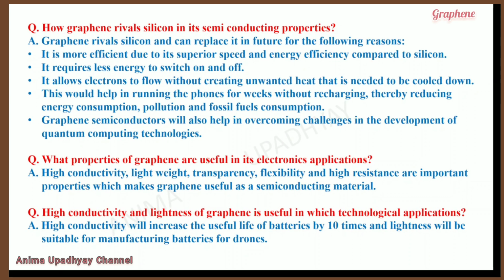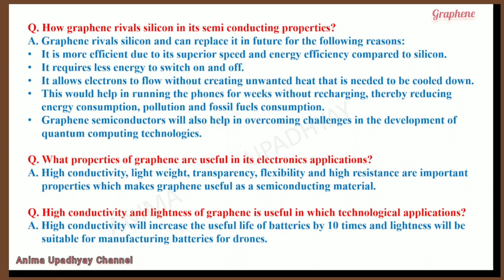How does graphene rival silicon in its semiconducting properties? Graphene rivals silicon and can replace it in future because it is more efficient due to its superior speed and energy efficiency compared to silicon. It requires less energy to switch on and switch off. It allows electrons to flow without creating unwanted heat that needs to be cooled down later.